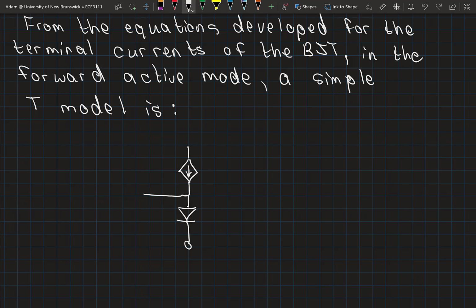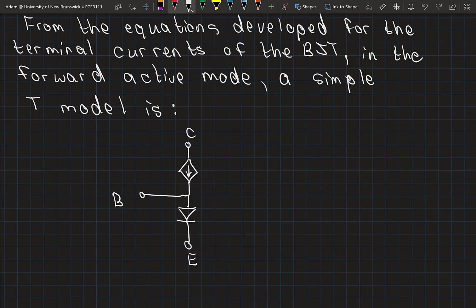You can look at it from one of two perspectives: it's a function of the input current, or you could look at it as a function of the input voltage. This represents the collector, this the base, and this the emitter.